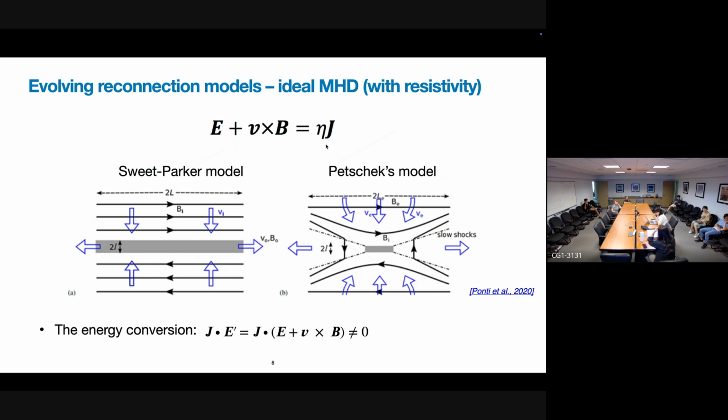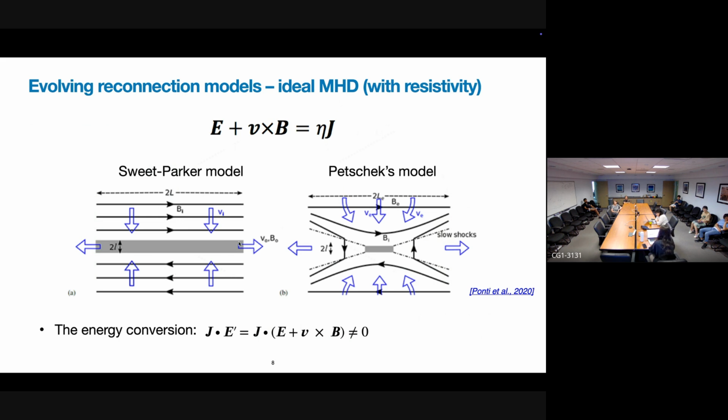The very old ideal MHD model assumes there is some anomalous resistivity, so we have this eta term. With this resistivity the electric field can be supported, and these are the two most famous models, Sweet-Parker and Petschek.